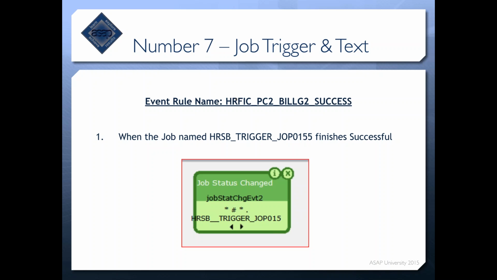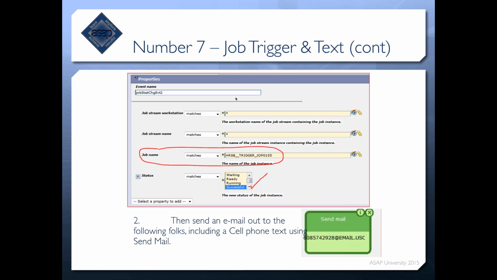And so we identified this job here. This is a job that we set up on the distributed side, a trigger job for us, that tells us we're going to kick everything over to the mainframe. We identify when that job runs successfully, because we want to make sure that the process runs correctly.